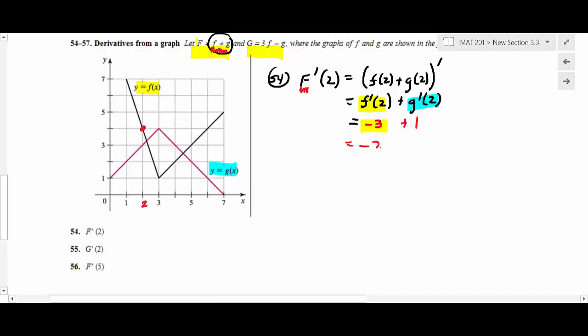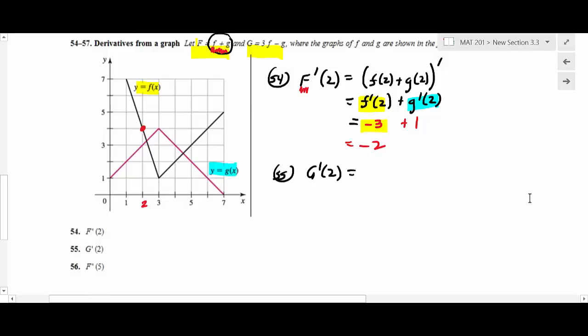So that means the answer is going to be -2. Okay, does that make any sense? Yes, okay. And the reason you're able to do this is because I'm giving you functions that are lines anyway. So you can find the slope pretty easily by doing that, okay? These are just good thought problems, mainly to get you to think through concepts.